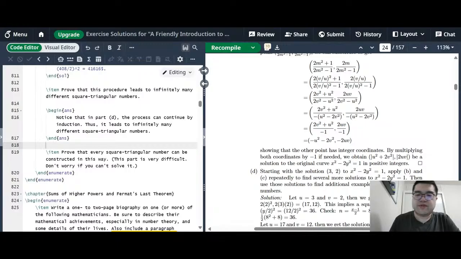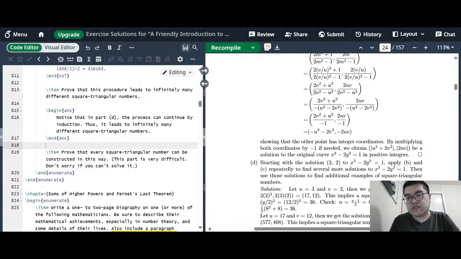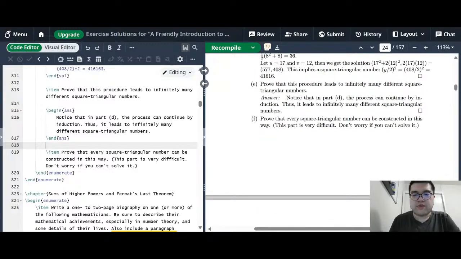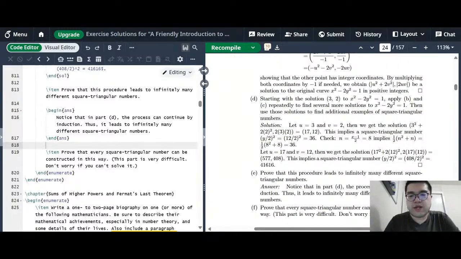We will just take x equals u squared plus 2v squared, and y equals 2uv, and then it will guarantee that we get a number being a square and a triangular number simultaneously, because of the curve u squared minus 2v squared equals 1.